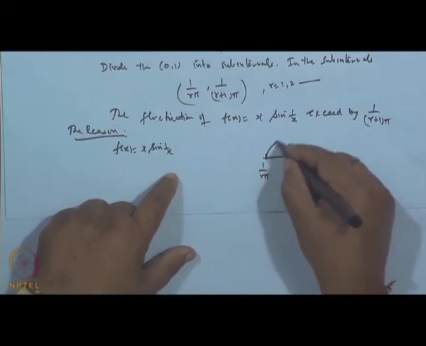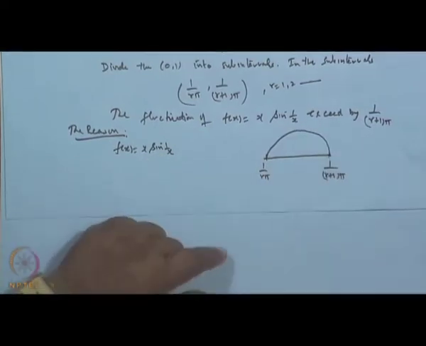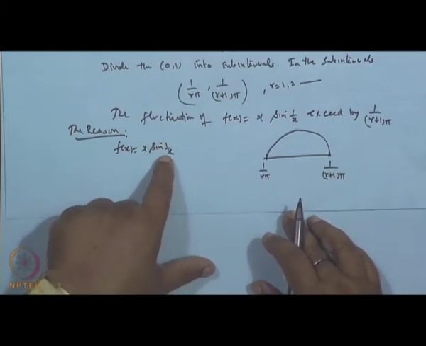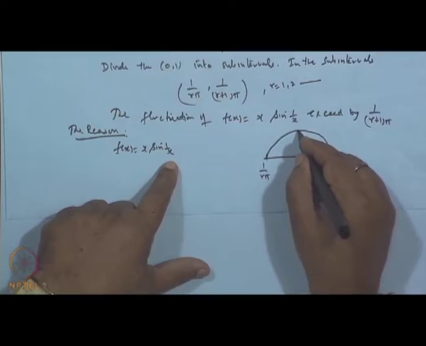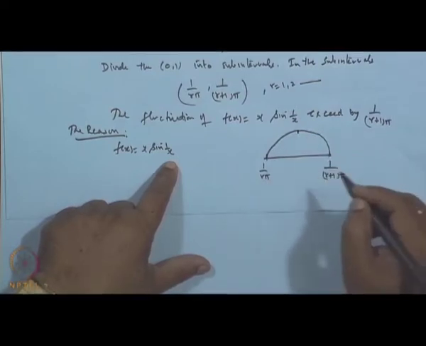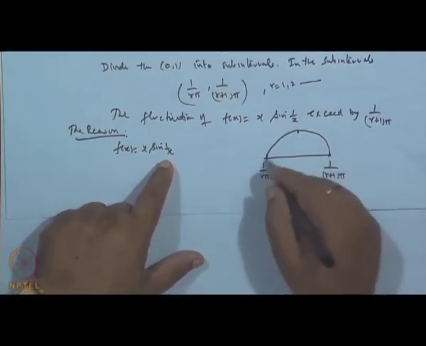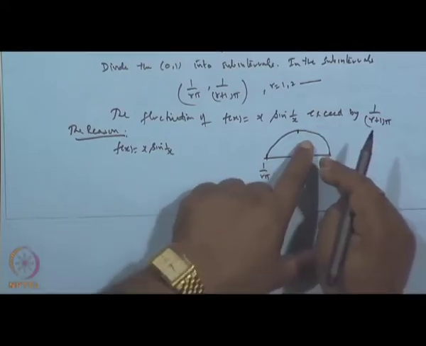So, basically the function will go like this, because at the end points r pi or r plus 1 pi, the value will be 0.